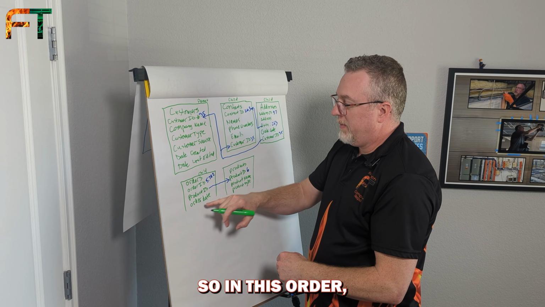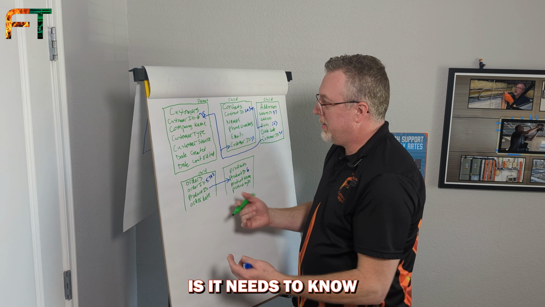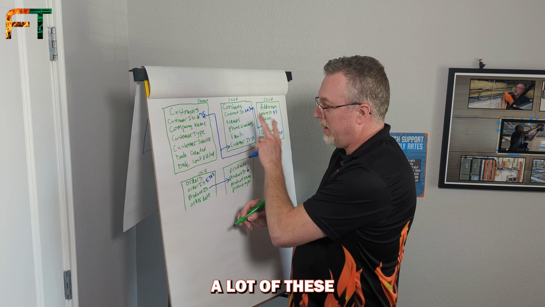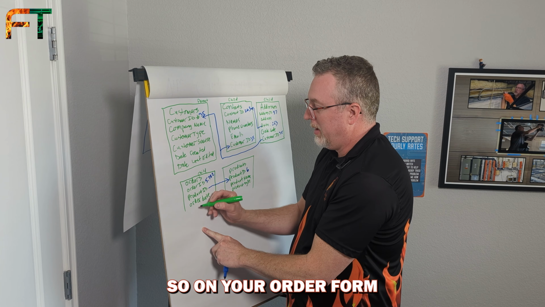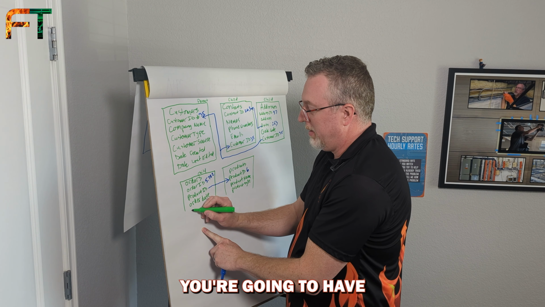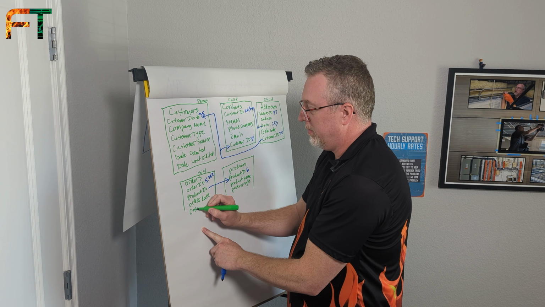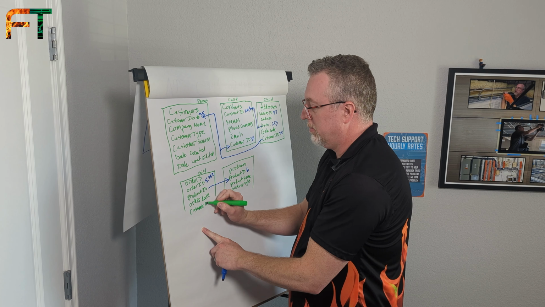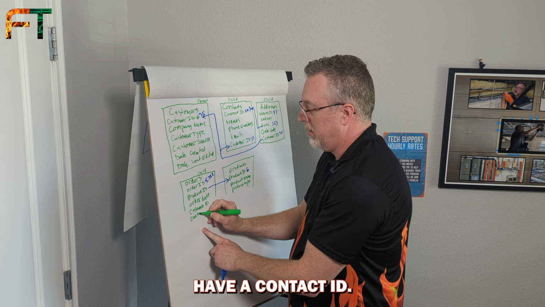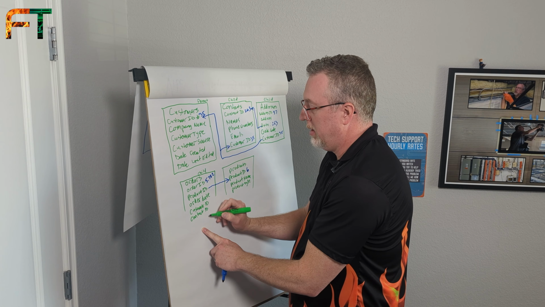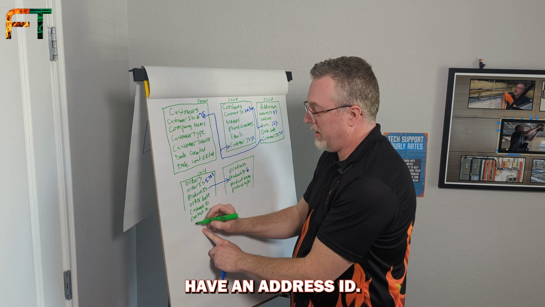So in this order, one thing that's important is it needs to know a lot of these different details. So on your order form, you're going to have your customer ID. You're going to have a contact ID. And you're going to have an address ID.